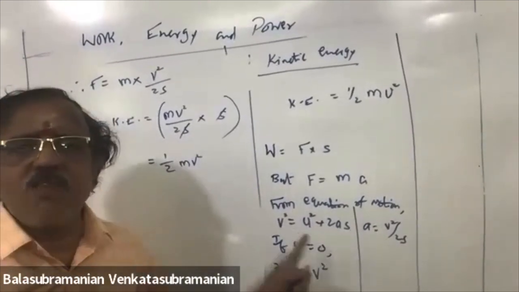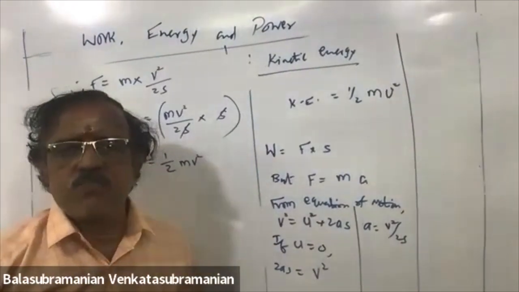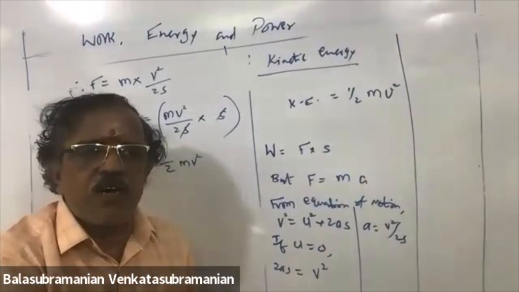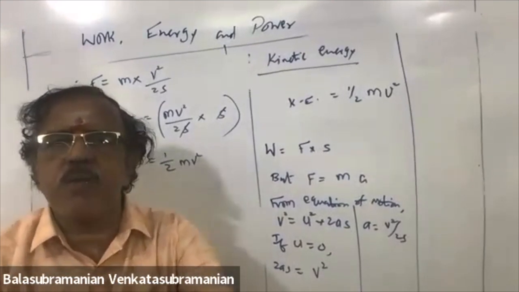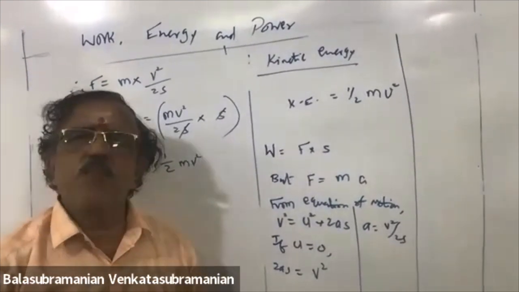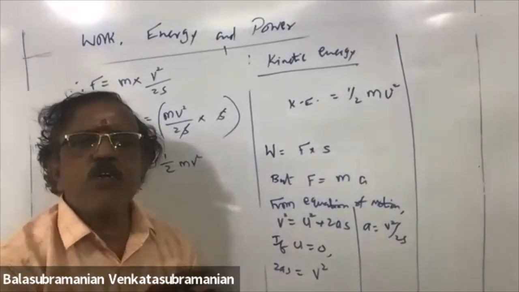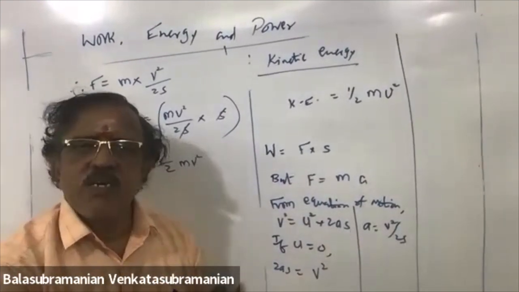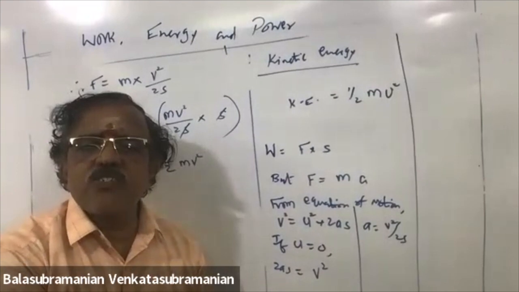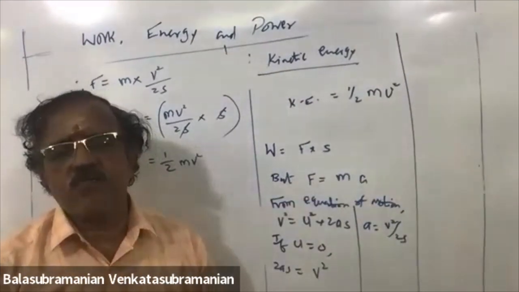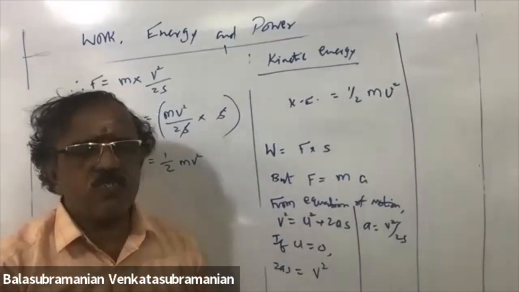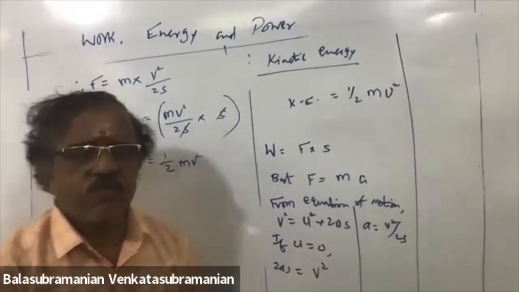No, sir. Initial velocity is not 0. You are calculating when the body is moving from point A to point B. Already the body is in motion. Between 2 points, you want to calculate kinetic energy. Then initial velocity is U, final velocity is V. Velocity is not constant, it is changing.